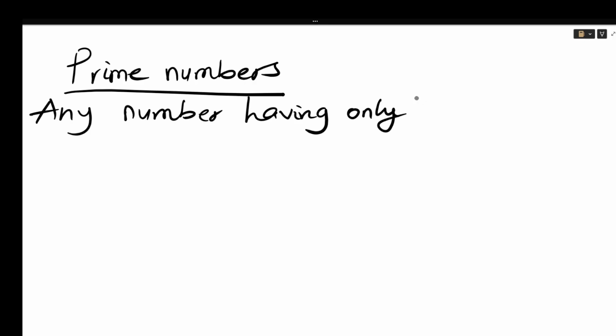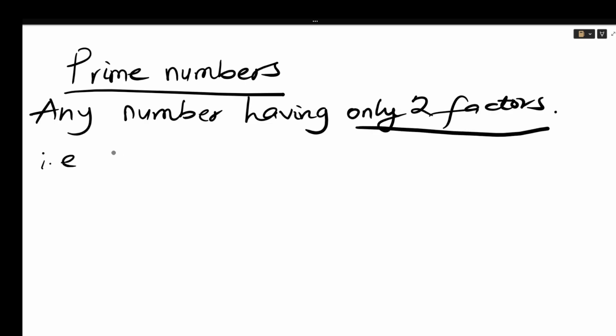So the keyword here is only two factors. And what are those factors? 1 and the number itself.